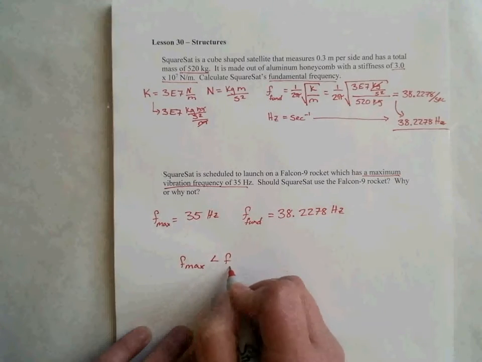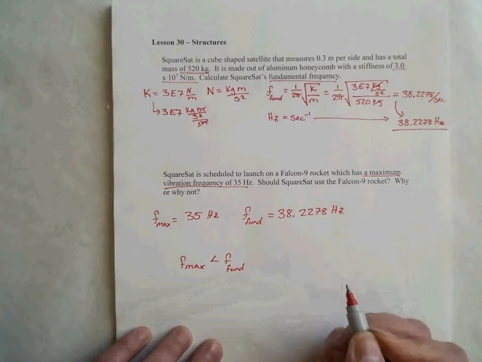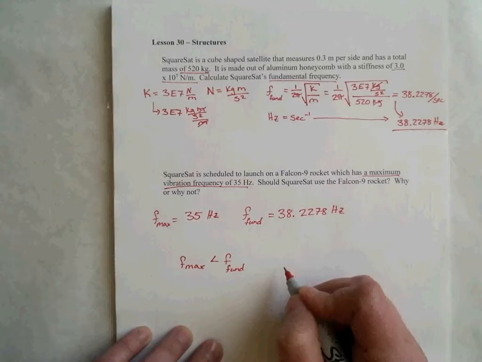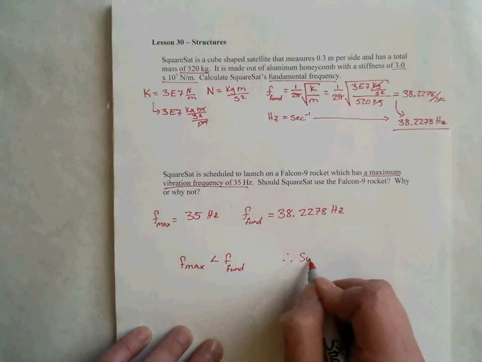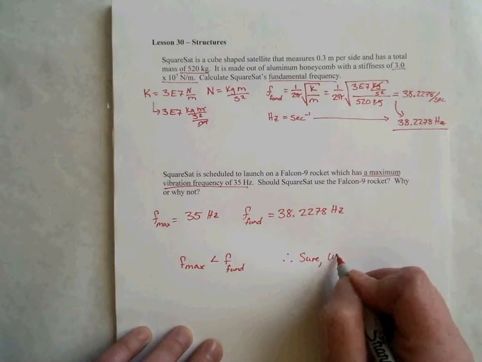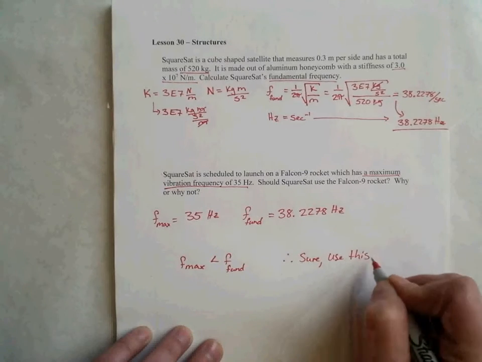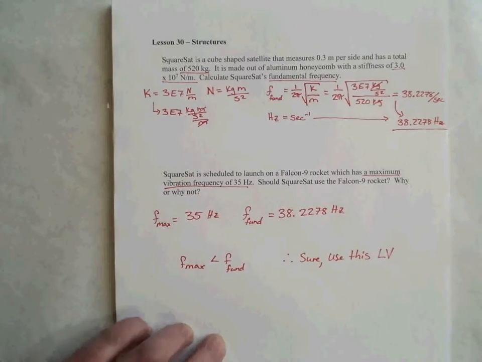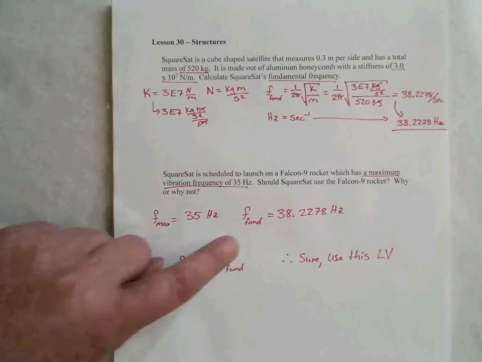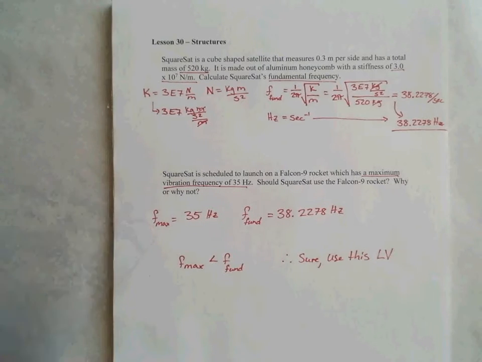Fmax is less than the fundamental frequency, which is what we want. So sure, use this launch vehicle. If the fundamental frequency were less than Fmax, we would not want to use this launch vehicle because we want to avoid reaching our fundamental frequency.